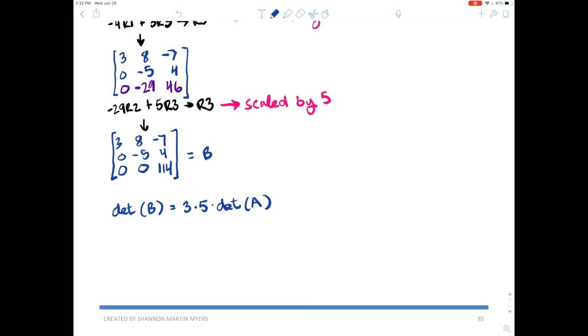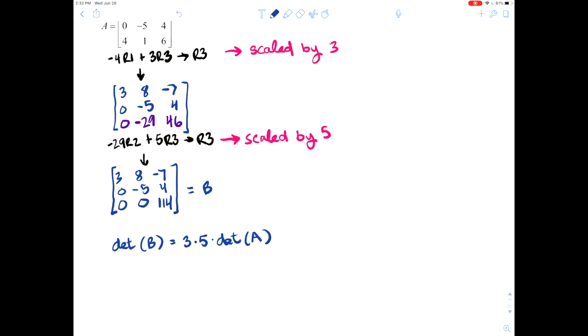Well, we can find the determinant of B, right? That would be our unknown. So the determinant of B will be 3 times -5 times 114. That's going to equal 3 times 5 times the determinant of A. And so we will have 1710 equals 15 times the determinant of A. And then dividing both sides by 15, we'll end up getting what? 114.